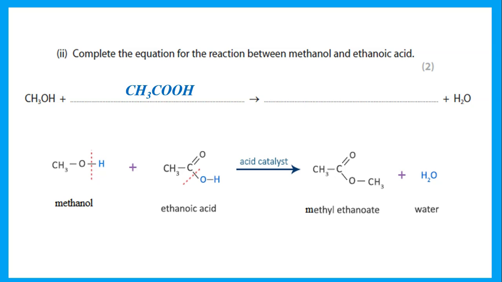Now, when it reacts, we remove the OH at the end of the acid and we replace it with the part from the alcohol without its H. So that part is the product, which is methyl ethanoate, and this is how we write it as a structural formula. So CH3CO, and instead of the OH we have OCH3. Of course, when you remove H and OH, then the other product in the esterification reaction is water.